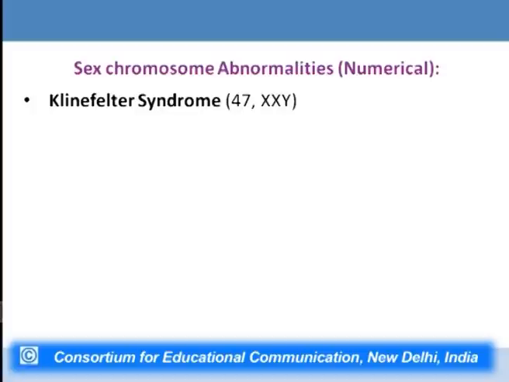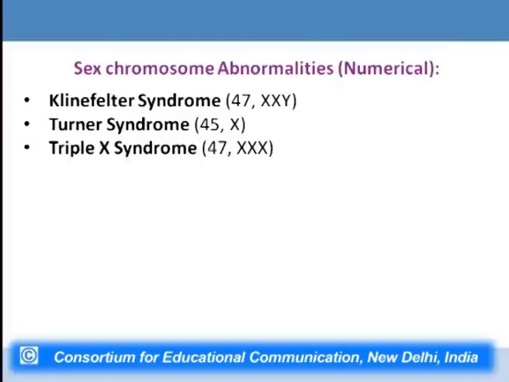If the number of X or Y changes in male and female, it will lead to specific disorders like Klinefelter syndrome, which is caused by the presence of an extra X in a male, XXY, Turner syndrome, which is caused by absence of an X chromosome, 45X, triple X syndrome, which is caused by presence of an extra X chromosome in a normal female, and XYY, which is again the presence of an extra Y in a normal male.